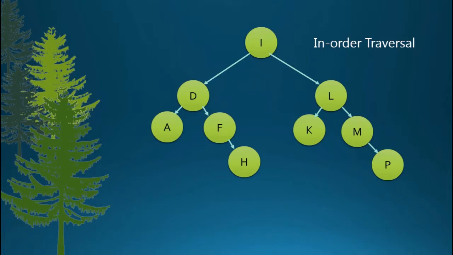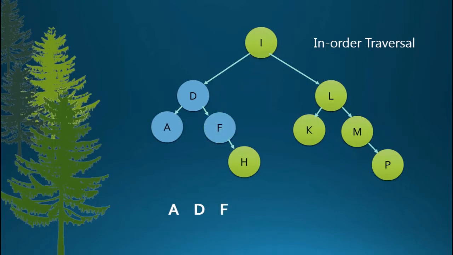So traversing this tree, whether iteratively or recursively, is going to go in this fashion. A will be processed first, then D, and then it's going to go and visit its right node.